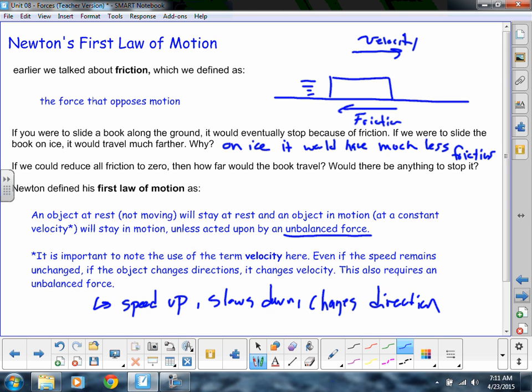Think about a baseball being thrown through outer space. There's no air resistance, it's not going to interact with gravity pulling it down, there's no friction. There's nothing acting on it. So once that baseball starts moving, all the forces on it are completely balanced. There's no net force on it, so it would just keep moving forever through space.